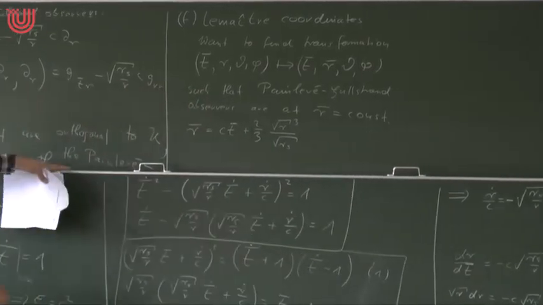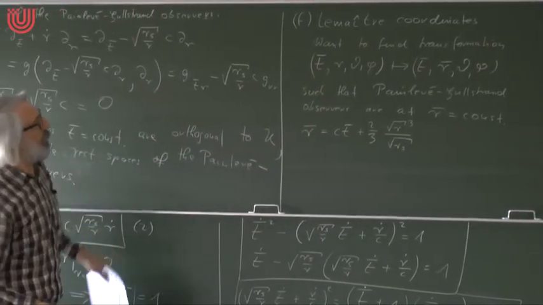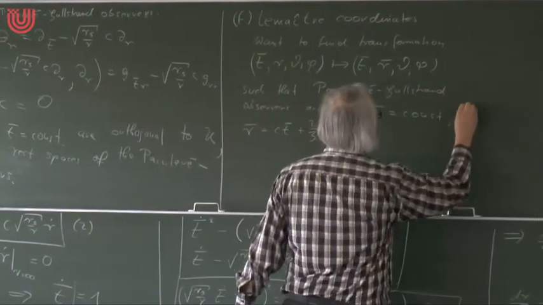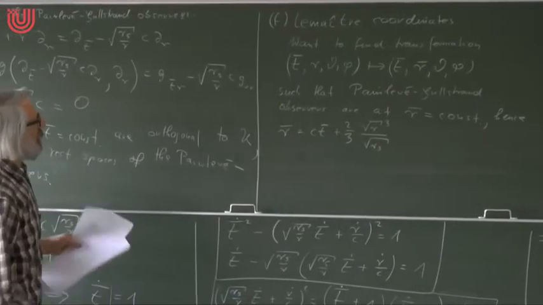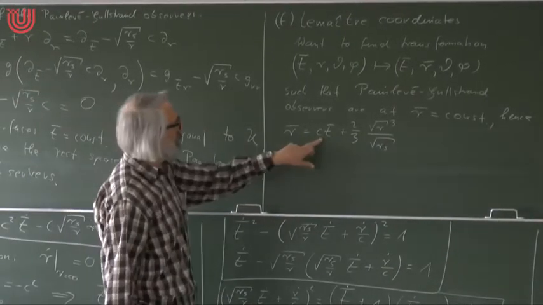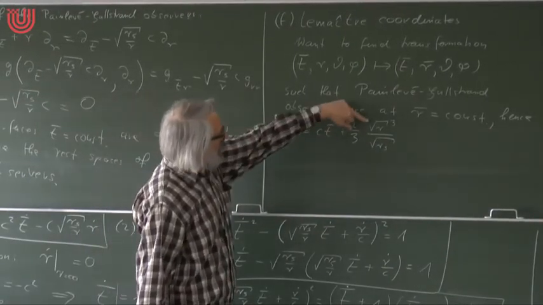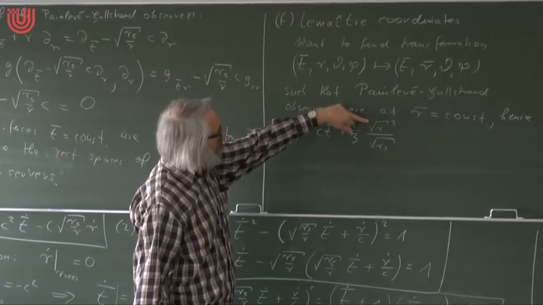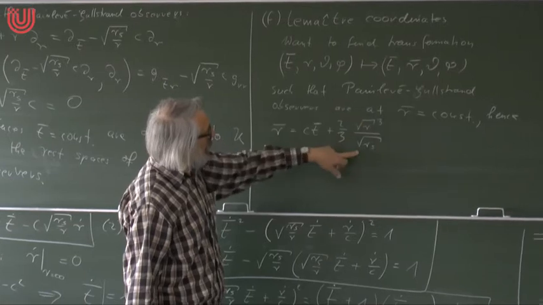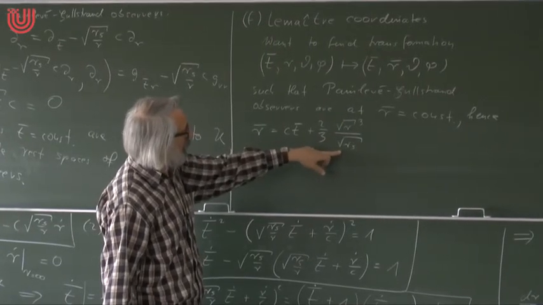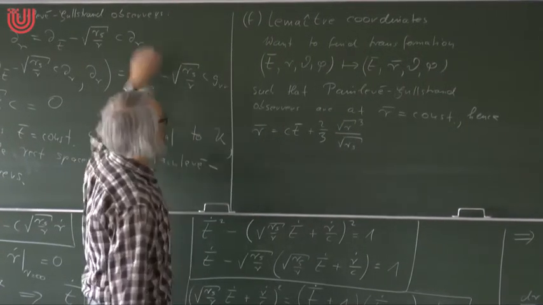That's my new r bar. So I read this just from this expression. Let me see, are the units correct? This is a length, this is a length. This is a length to the power 3/2 divided by a length to the power 1/2, which gives again a length. Yes, seems to be all right.